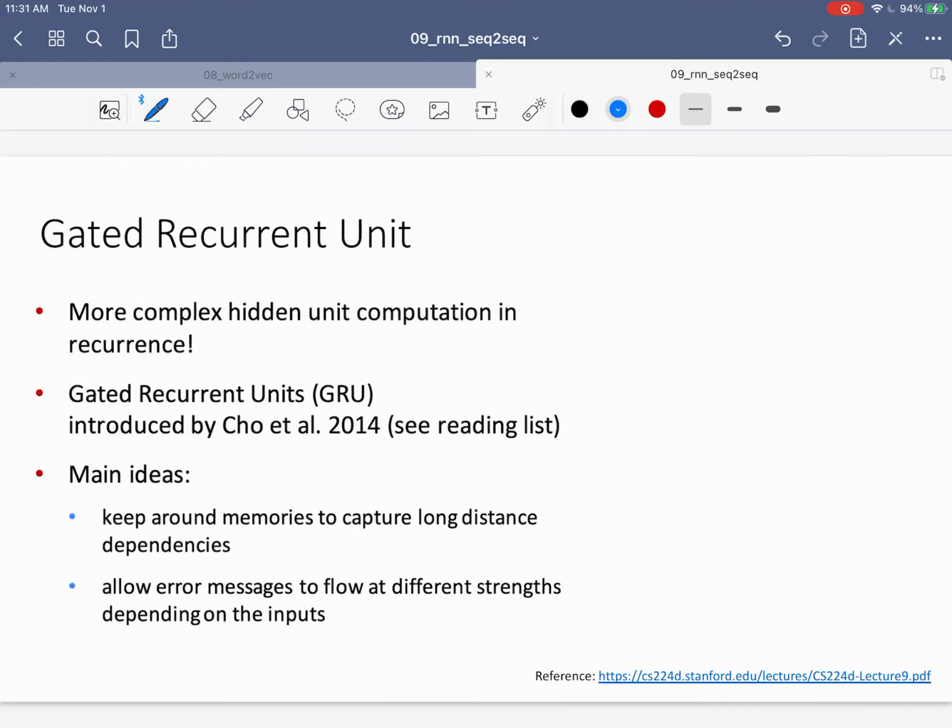It was proposed by Professor Kyung-Yeon Cho way back in 2014, in order to do French-English translation, basically. The main idea is that you want to keep around memories that could capture long distance dependencies. You have an extra memory that keeps your distant input around, and then you allow error messages to flow at different strengths depending on the input. We'll get to see what this means.